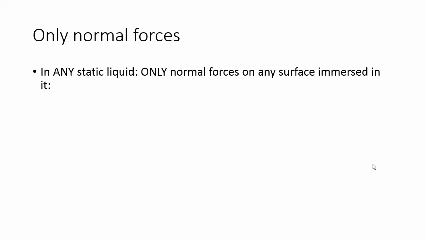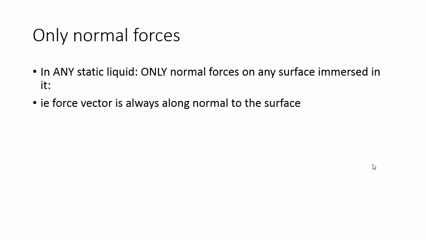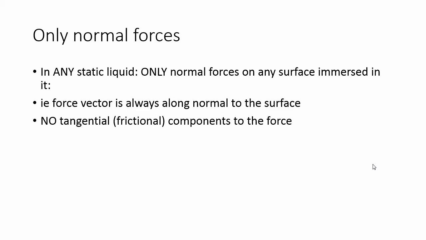So this only perpendicular forces has some serious results. In any static liquid, there are only normal forces on any surface immersed in it. So the force vector is always along the normal to the surface. No tangential components to the force. I want you to understand this again and again.